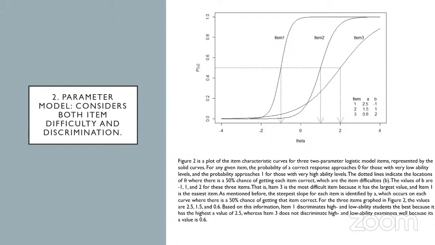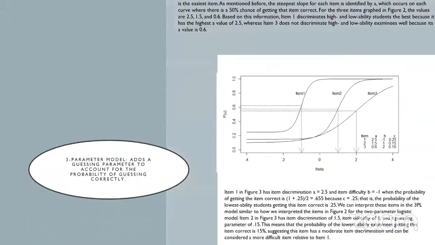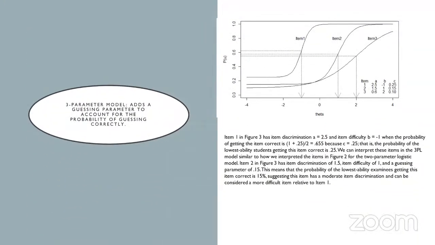Next. It is a 3-parameter model. It includes the guessing parameter plus item difficulty and item discrimination.